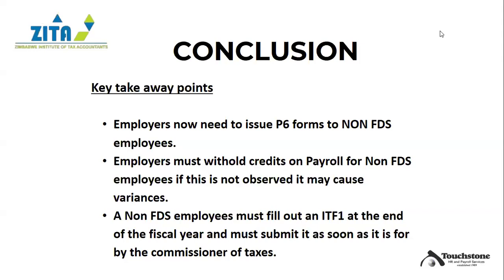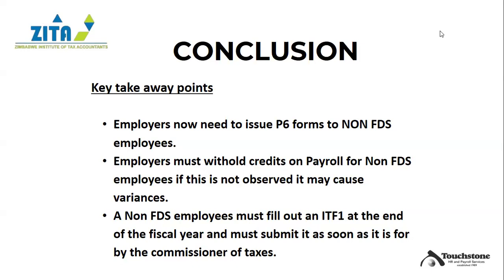So as I conclude, as I come to an end of my discussion, and I'm going to be opening up for questions, the key takeaway points that we need to have: number one, employers now need to issue P6 forms to non-FDS employees. And this is a non-FDS employee, one who is resigning, leaving your organization, or one who joined during the year. You need to also give them a P6 form.